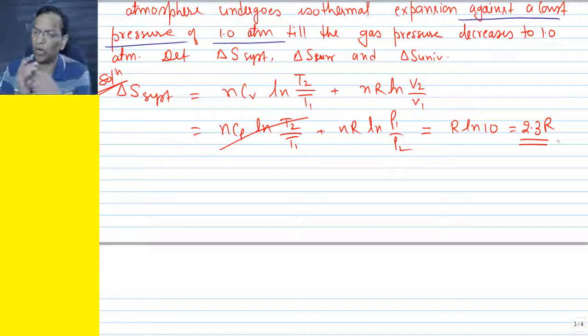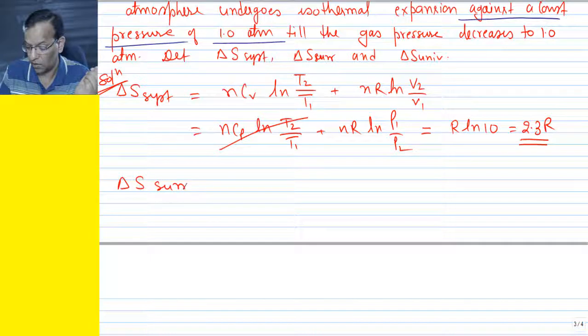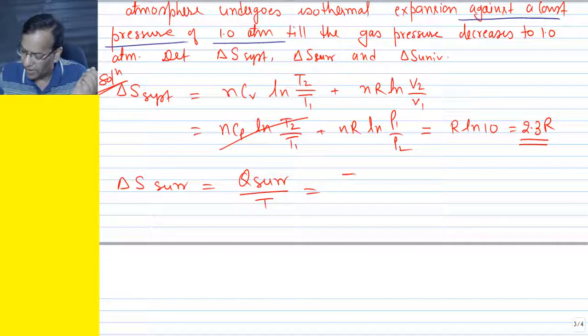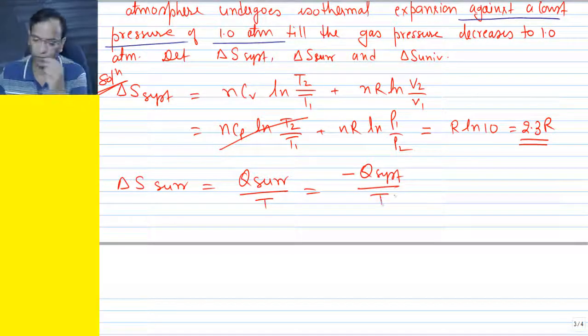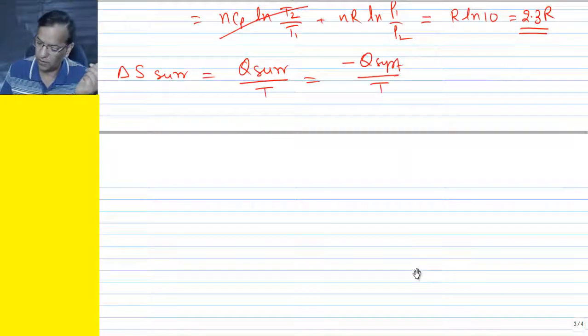Now, what about surrounding? Delta S surrounding will be equal to Q surrounding by T, which is minus Q system by T. Then how to find Q system? We'll apply first law.